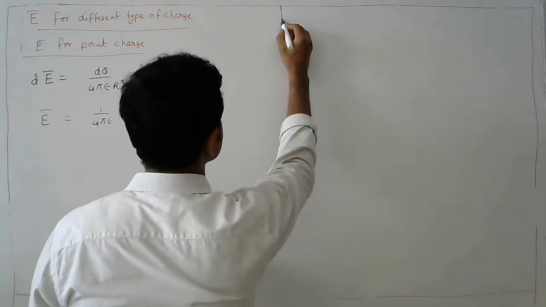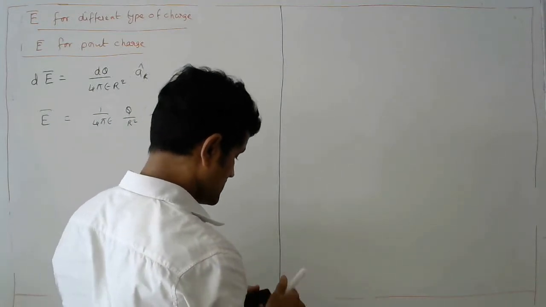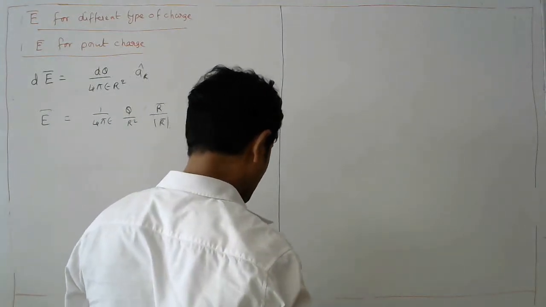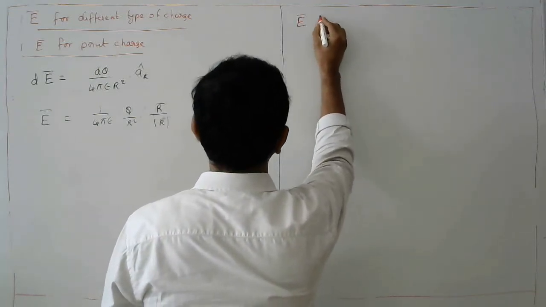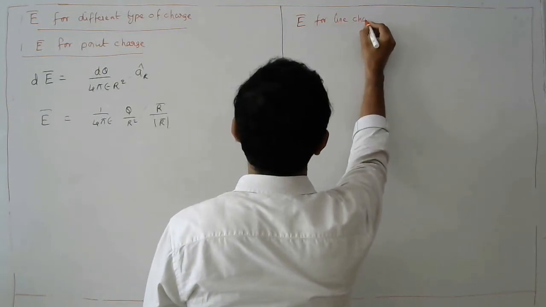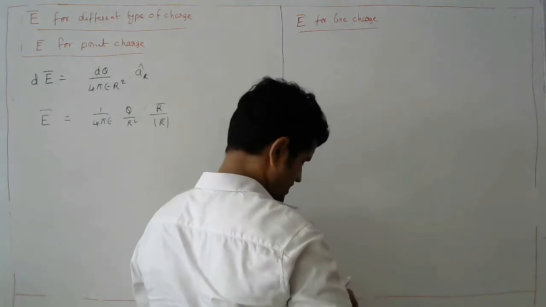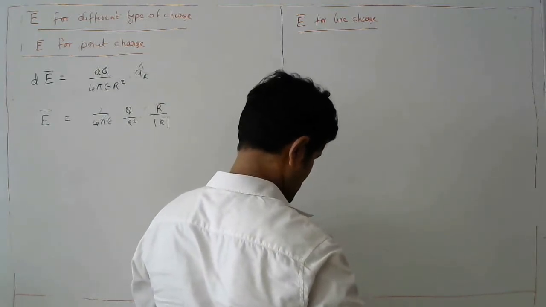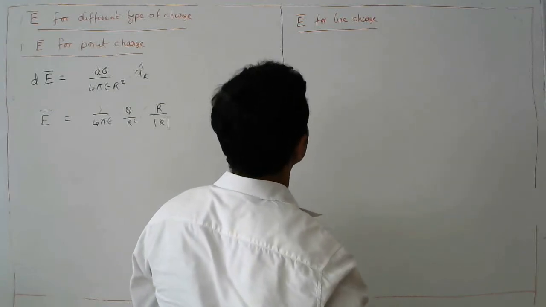Now, let's see the expression for electric field intensity, E bar, for a line charge. Assume any charge in the form of a line, a line shape.